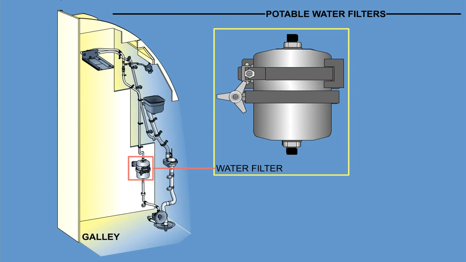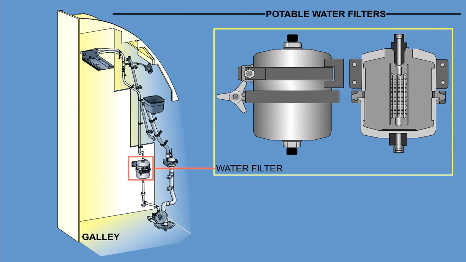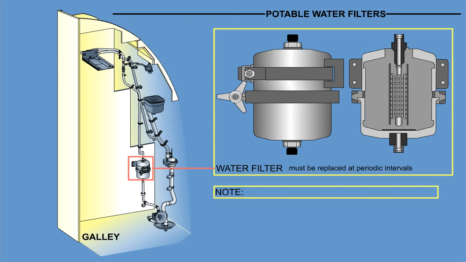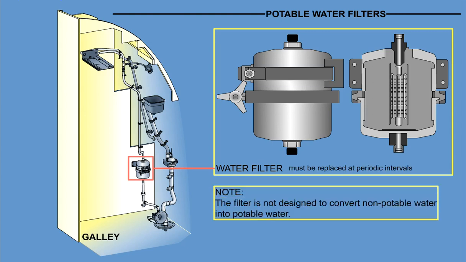The filter reduces chlorine levels to fractional parts per million to improve taste and prevent recontamination of the water from internal bacteria growth. The filter element is an ultrafine straining material, is disposable, and must be replaced at periodic intervals. Note, the filter is not designed to convert non-potable water into potable water.